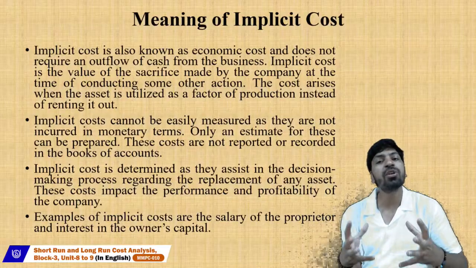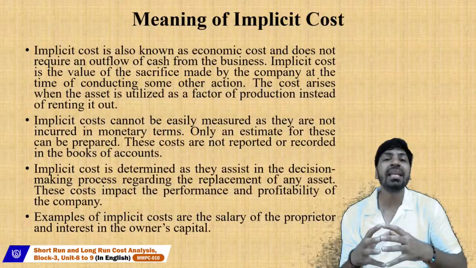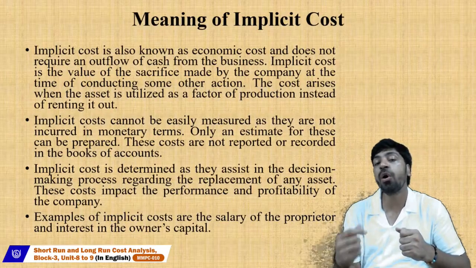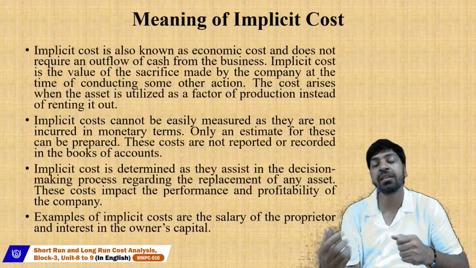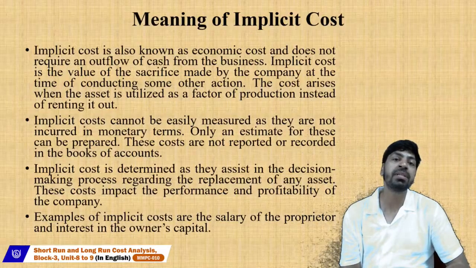Such a cost arises when any asset is utilized as a factor of production instead of renting such factors to others, and that cost is called the implicit cost.